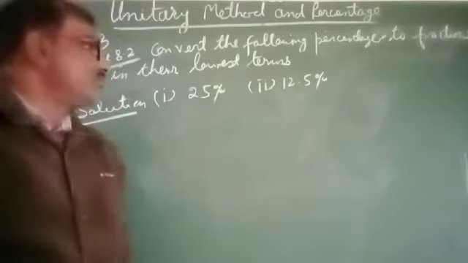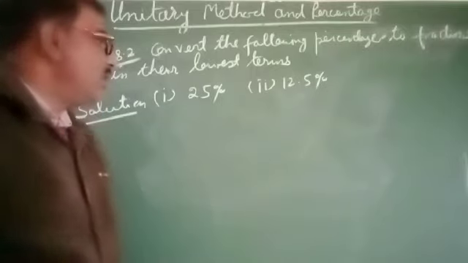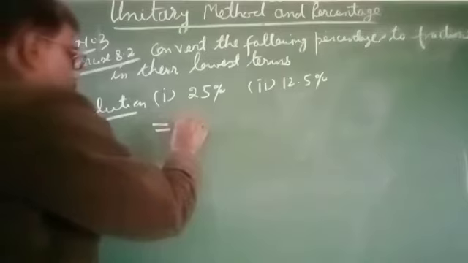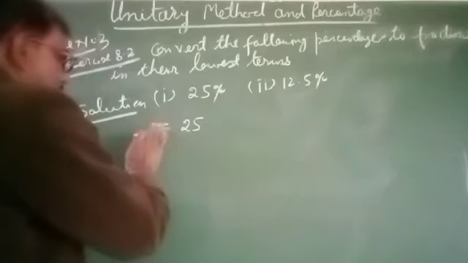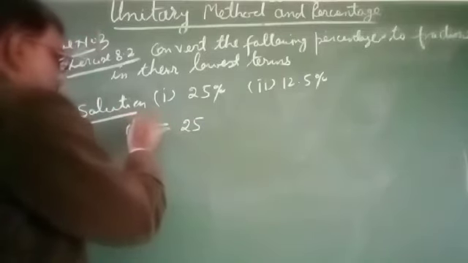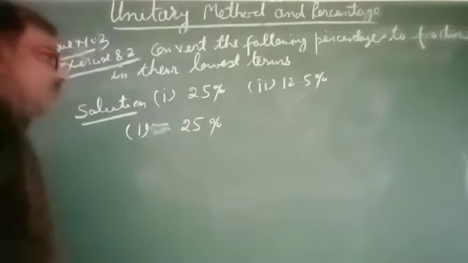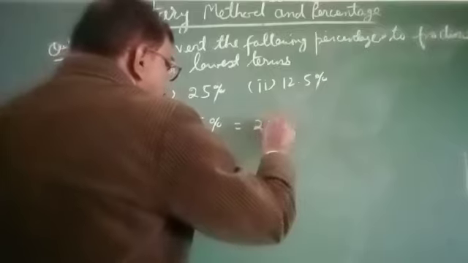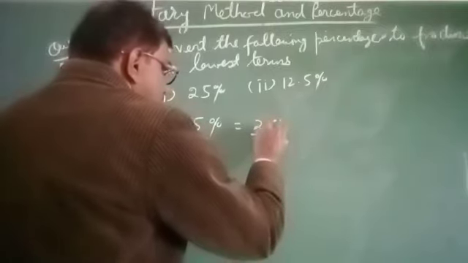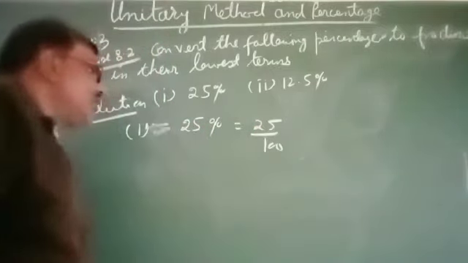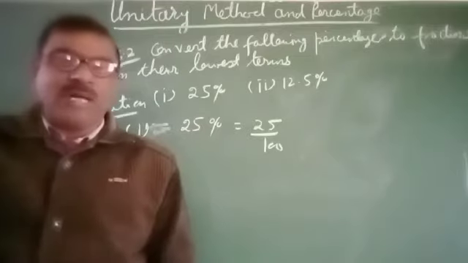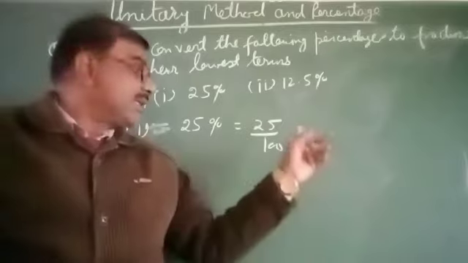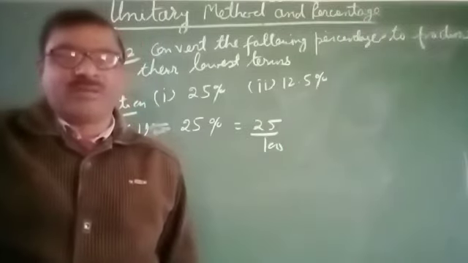So how to convert percentage into fraction? The first part is 25%. Then 25% means 25 out of 100. You can write 25 out of 100. This is the form of a fraction, but it is not in the lowest term.